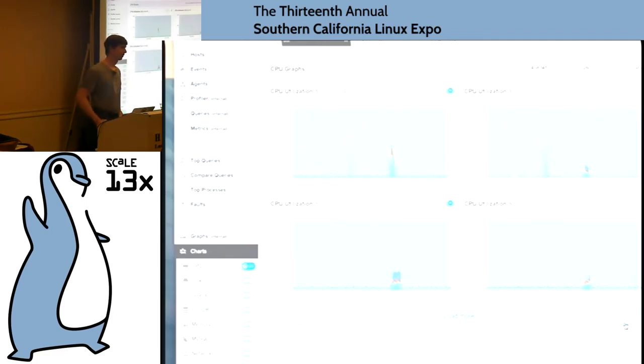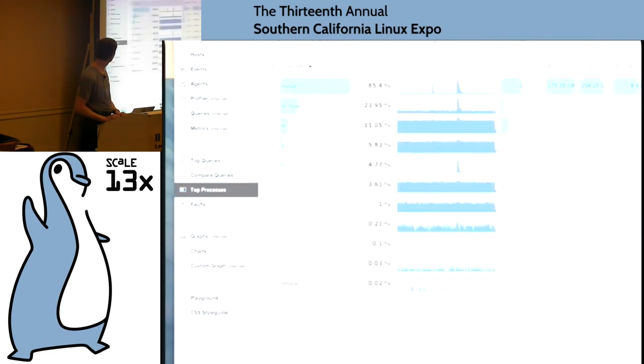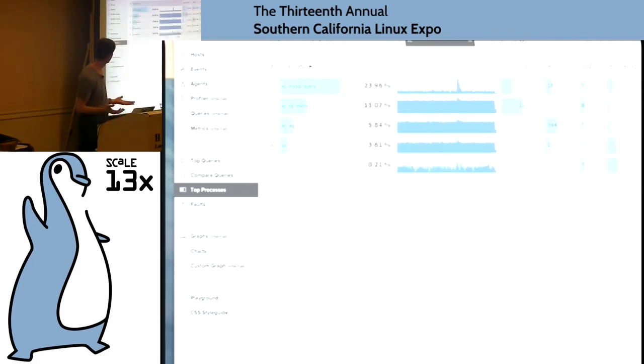Yes? So what's the impact of the agent on the host that you're monitoring? Let's see, I can show you that too. Let's go to top processes and look for VC, because all of them are VC prefixed. So there's this VC MySQL query, and system CPU is 6.95%. That's an 8 CPU box, so that's less than 1% of CPU.